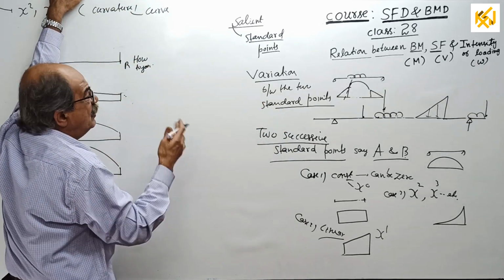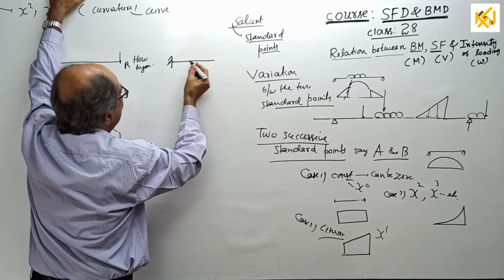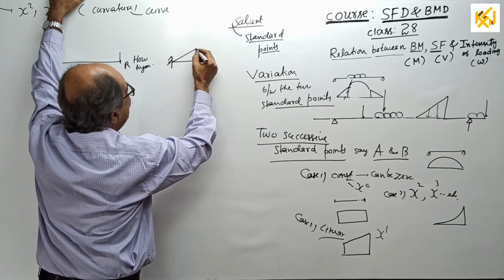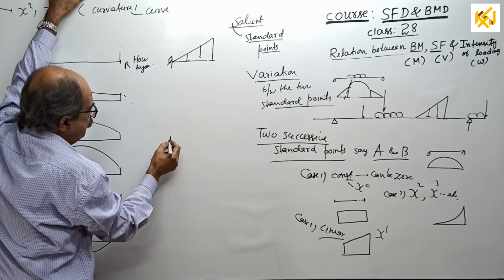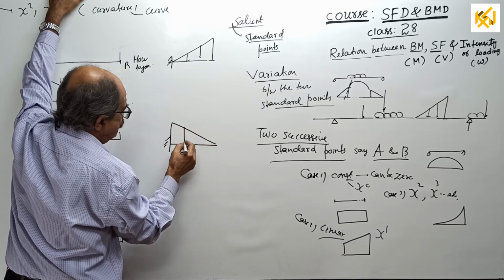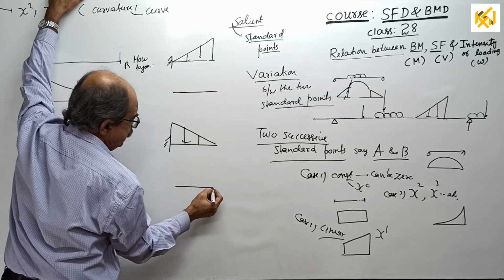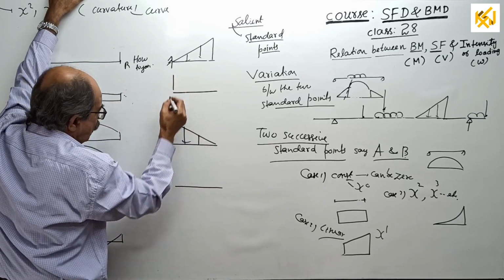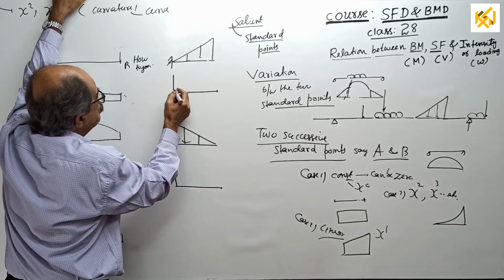Now, that is sufficient; furthermore, I will not tell. For example, if there is a cantilever with a uniformly varying load of this type, how to draw the SFD? Ask people, they will say go up, done. Now here 0, here 0. How to join?